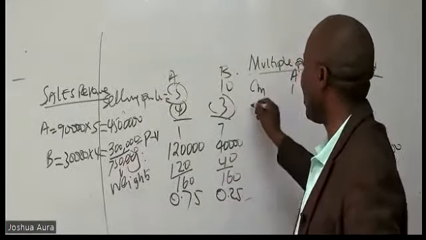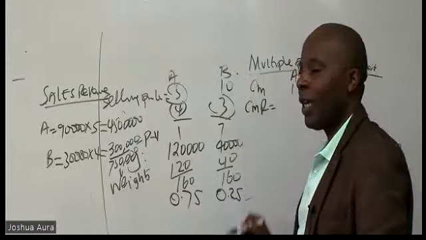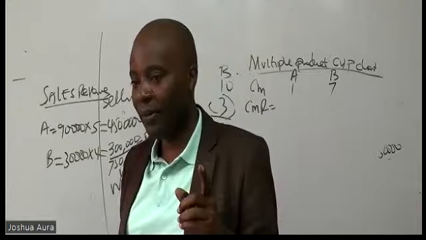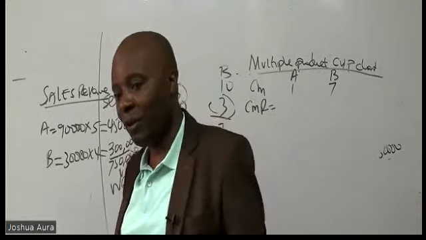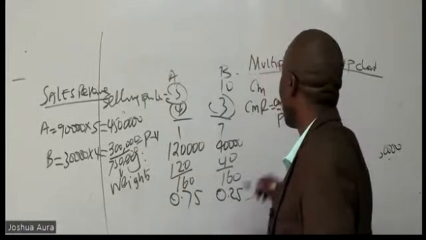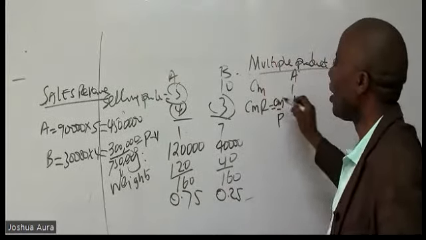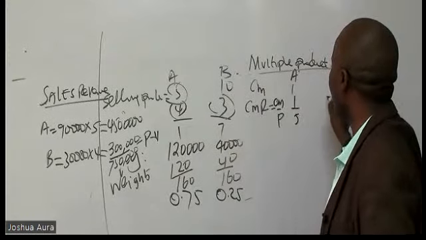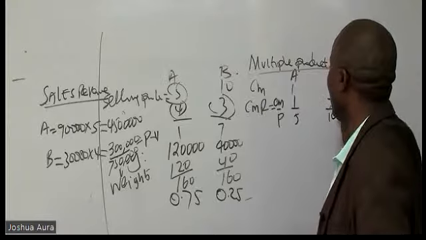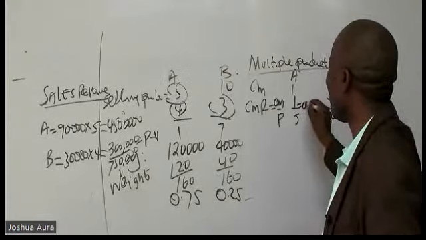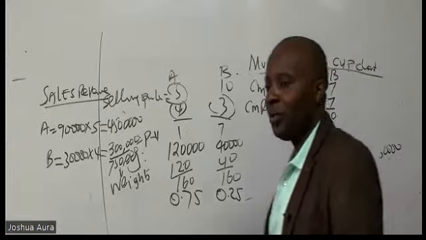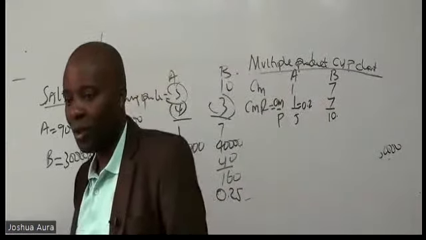Do you remember the formula for getting CMR? It is contribution margin over price. So this one will be 1 over the selling price, that is 5. This will be 7 over the selling price, which is 10. Could you kindly give me these decimals? I think the first one should be 0.2.